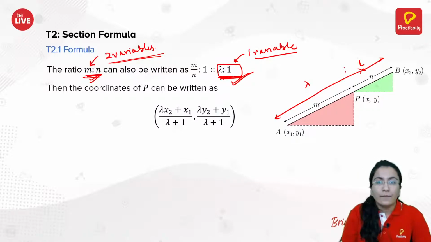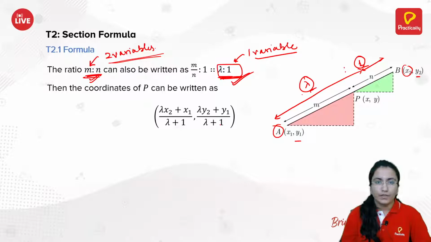So based on lambda is to 1, how you will write the section formula is: just do the same, lambda into x2 plus 1 into x1 divided by lambda plus 1. Similarly, write the y coordinates: lambda into y2 plus 1 into y1 divided by lambda plus 1.